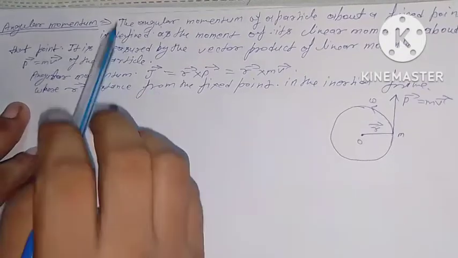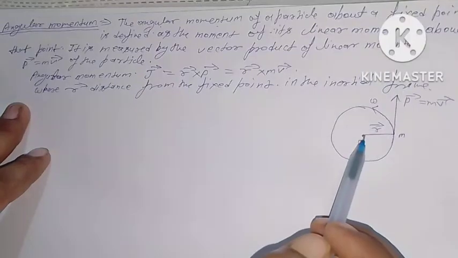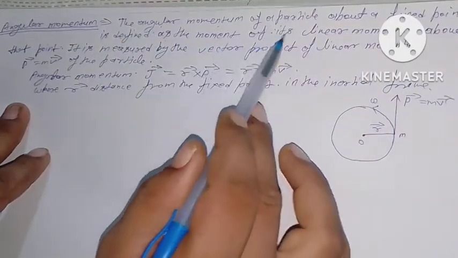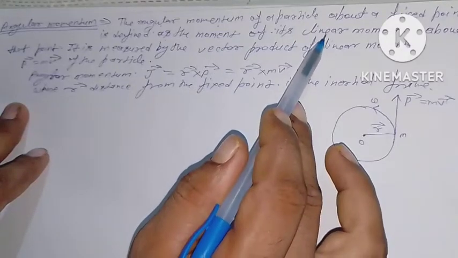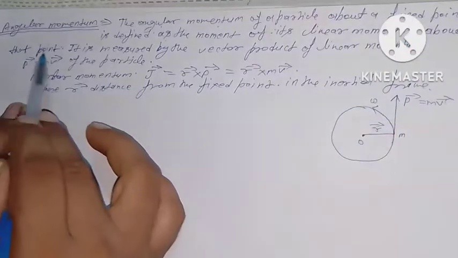Angular momentum. The angular momentum of a particle about a fixed point is defined as the moment of its linear momentum about that point.